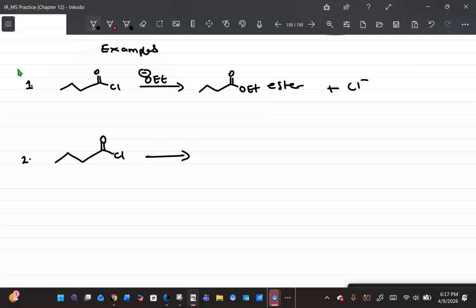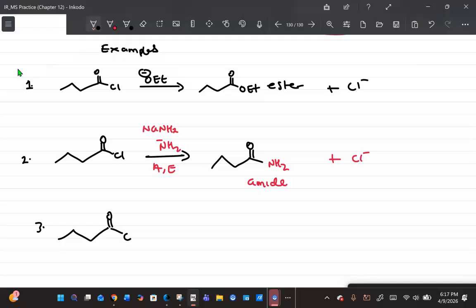Let me say NH2 minus like sodium amide. You're still gonna go AE, but you get a different derivative, which is an amide. You can even have an anhydride from this. I'm just taking you a little bit forward.